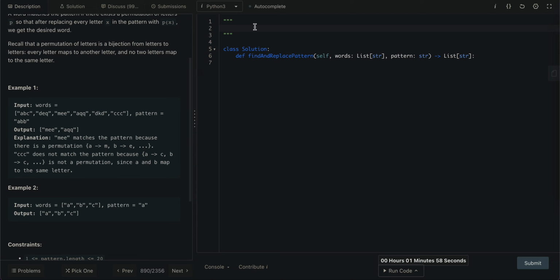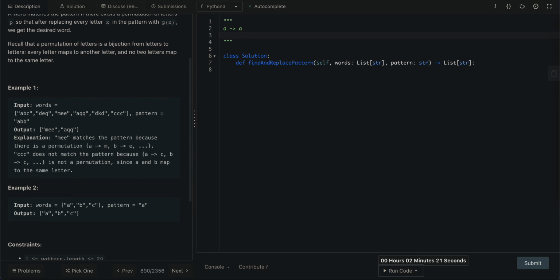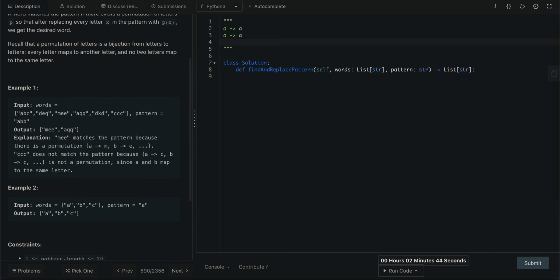We are going to use two maps. In map 1, I take a character from the pattern, which is A, iterate over the first word, and map it to the first letter, in this case A. In the second map, I take this A and map it to this A. Let's call these M1 and M2.